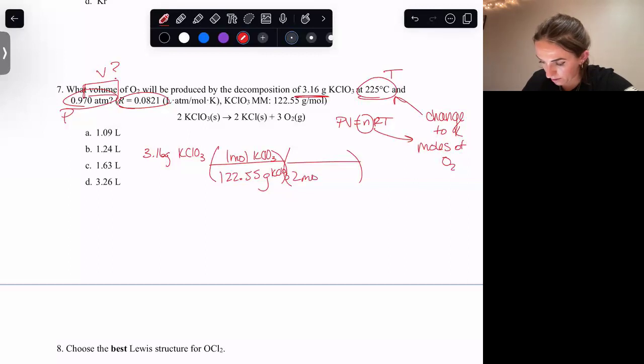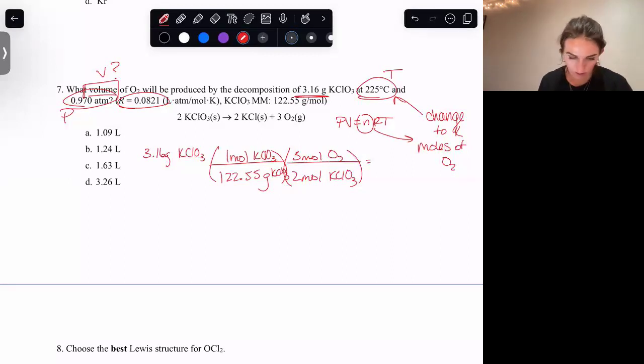So for every 2 moles of KClO3, we have 3 moles of oxygen. So we end up with 0.0387 moles of O2. Now we're in the correct units.